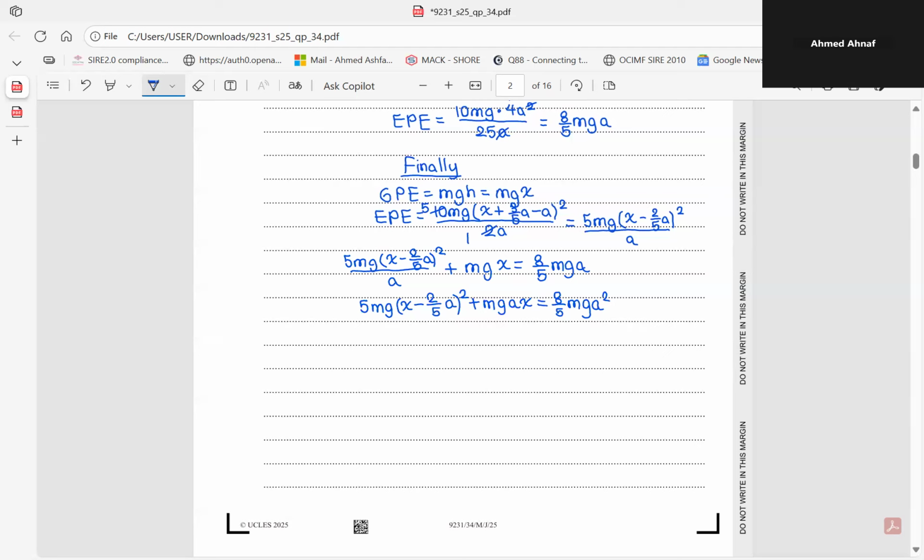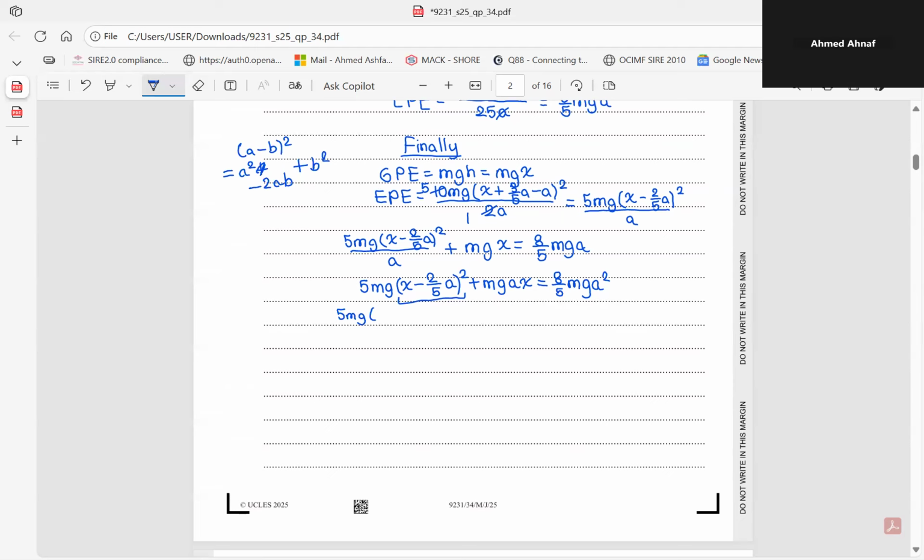Okay, now we're going to expand this. To expand this, just use your (a minus b) squared, which equals a squared minus 2ab plus b squared.